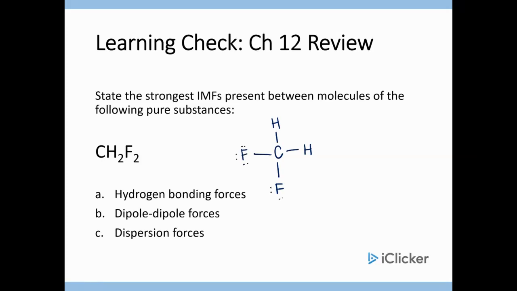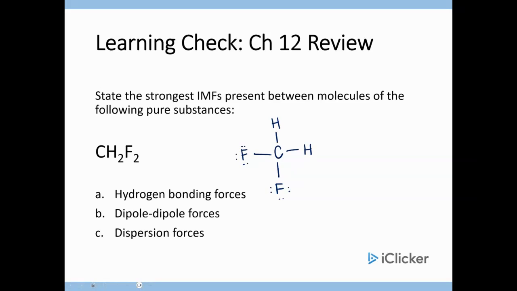I'm skipping through the process of drawing the Lewis structure, but you add up valence electrons, put the atom that makes the greatest number of bonds in the center, arrange everything else around, add lone pairs to outer atoms, and then add to the central if you need to. But this is the final Lewis structure.